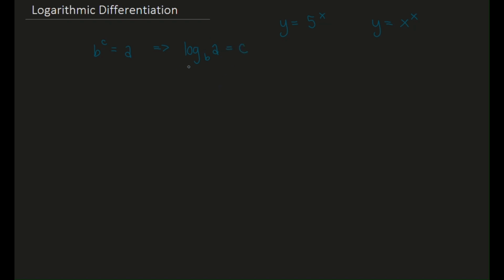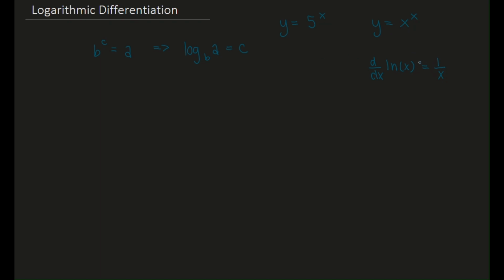The reason why we love this for derivatives is that a really well-known derivative is the natural log of x. The derivative with respect to x of the natural log of x is 1 over x. This is a really well-known derivative, and using this we can manipulate our functions to make them easier to solve.